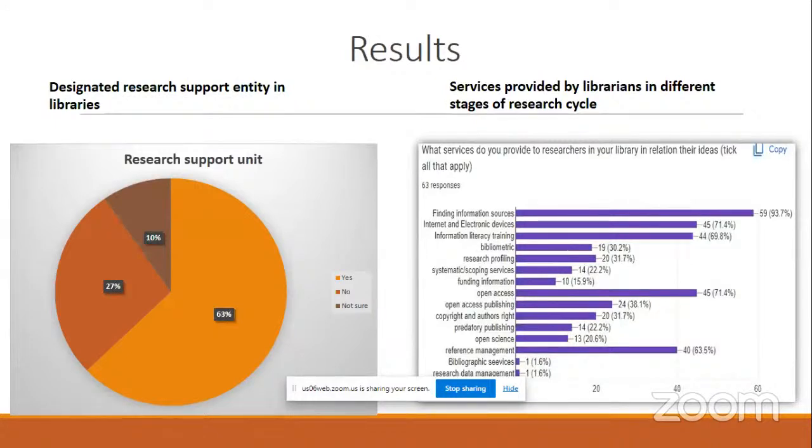Looking at the services provided by librarians, it appears that librarians continue to provide classical services of librarianship, such as finding information sources and resources for researchers, providing internet and electronic devices, information literacy training, and also providing on maybe other emerging aspects of open access through repositories and so forth.